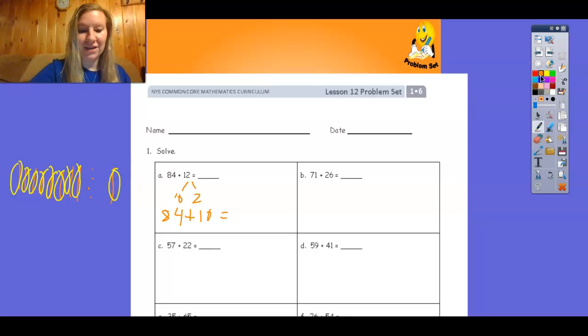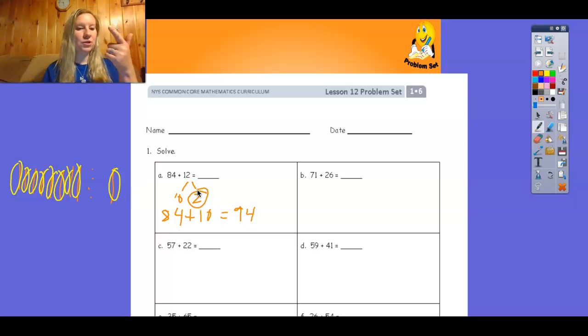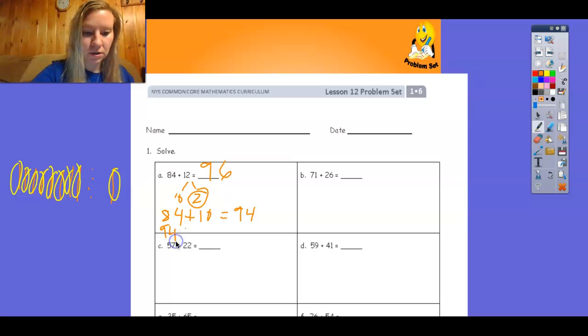I now have 9 tens, and I still have those 4 ones, so 94. And then I have my 2 left over, so 94 plus 2, 94, 95, 96. So my answer is 96. And I could write down here 94 plus 2 equals 96.